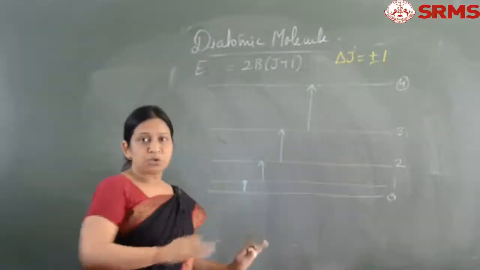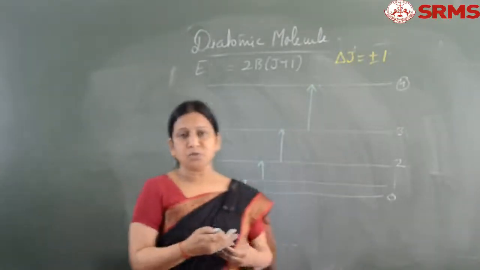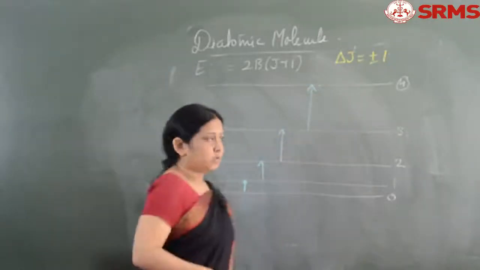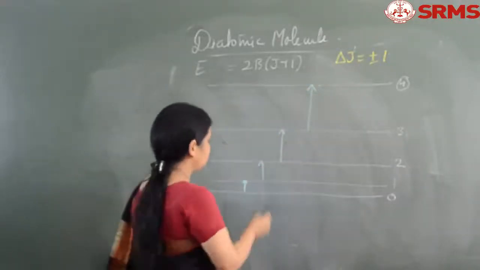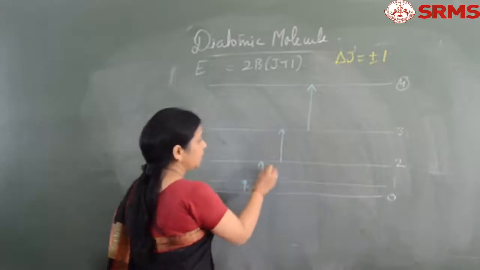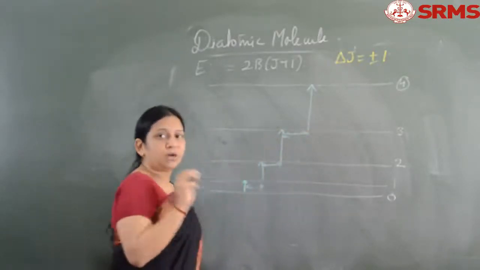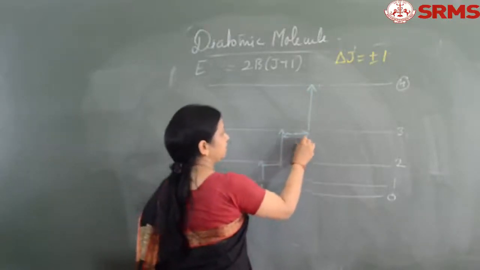These are absorption transitions. If we talk in terms of emission transitions, then the arrow will be in the downward direction. Now according to this equation, the difference between the two transitions is going to remain constant, and that is 2B.